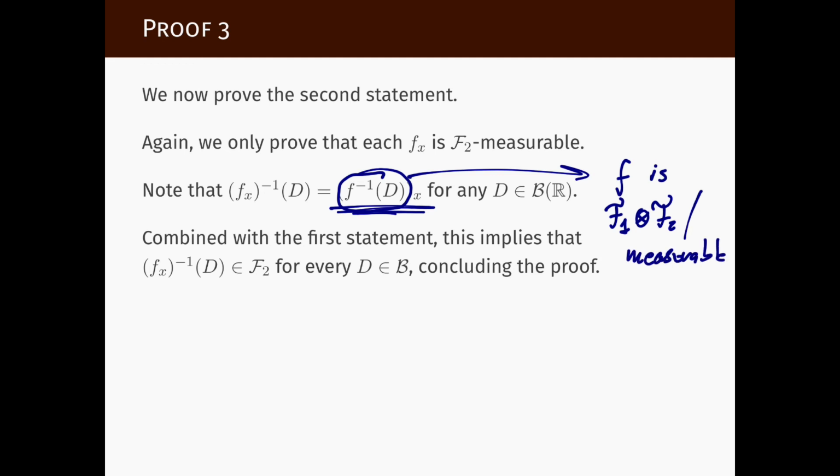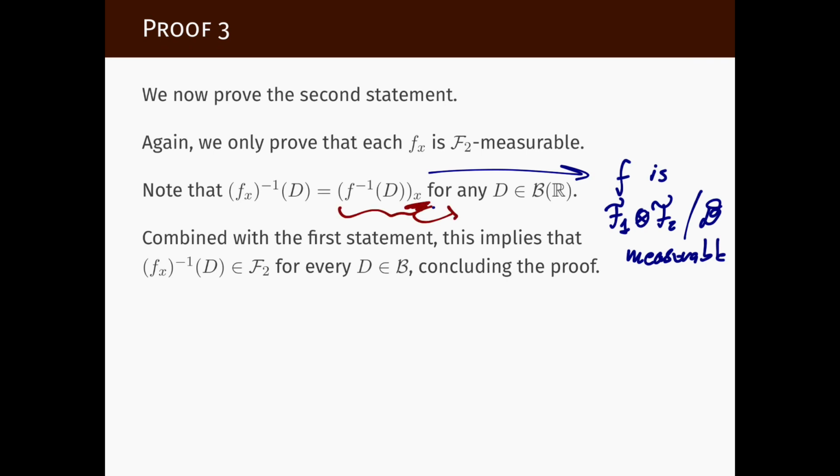It's measurable having F1 product F2 as the source sigma algebra and the Borel sets as the target sigma algebra. So we can combine this with the previous part of the lemma to conclude that this is measurable, and because this is measurable, we can take a section, and the section will be measurable.